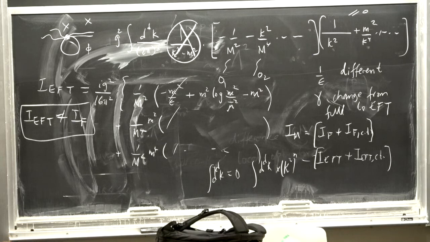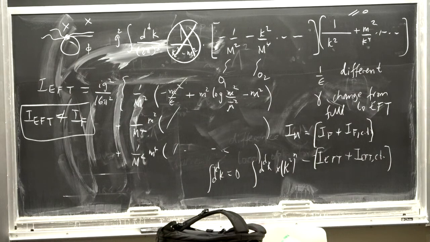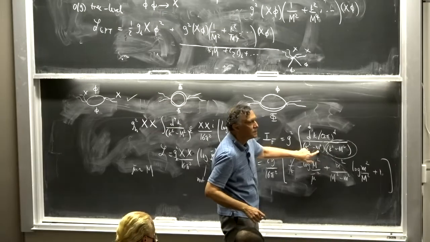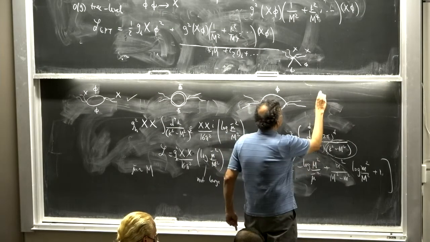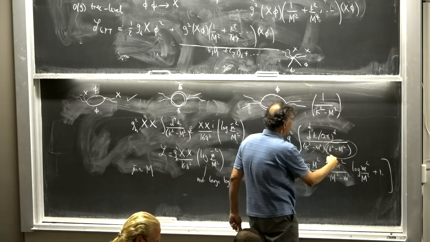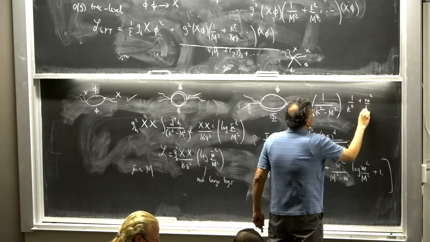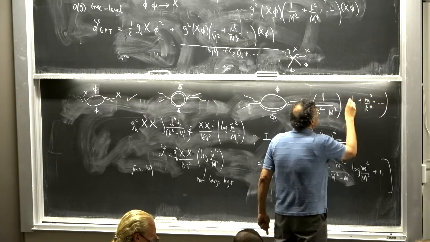Okay, now let's look at what the full theory integral is. Expand it out. So I'm expanding out the infrared scale only. So the full theory integral will give me the integral of 1 over k squared minus m squared times 1 over k squared plus m squared over k fourth, and so on.